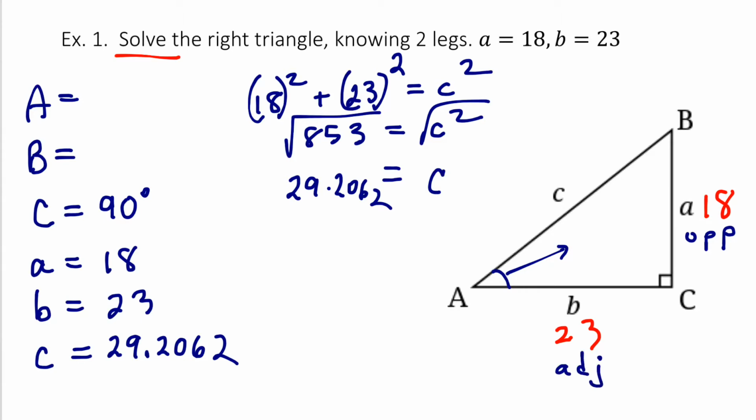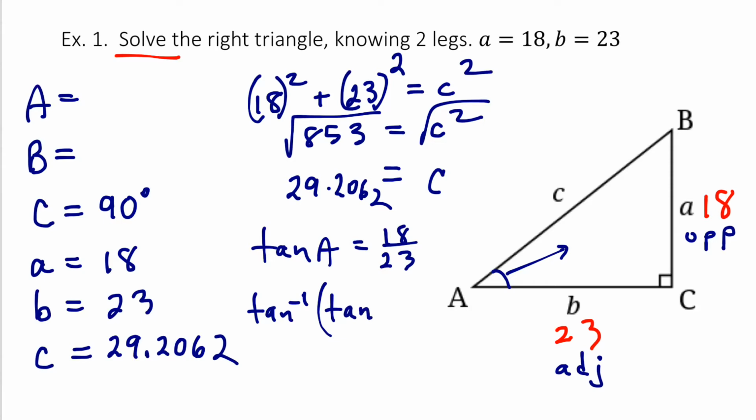So I can say the tangent of A is equal to 18/23. So if I want to find A, I would say the inverse tangent of the tangent of A, and that'll allow me to just have A is equal to the inverse tangent of 18/23.